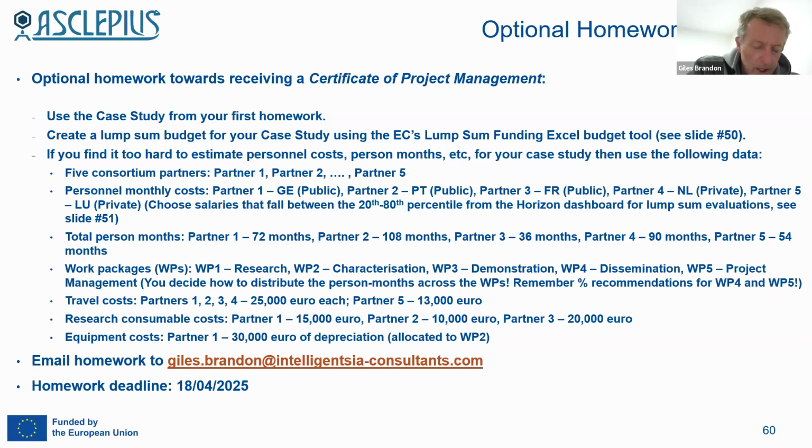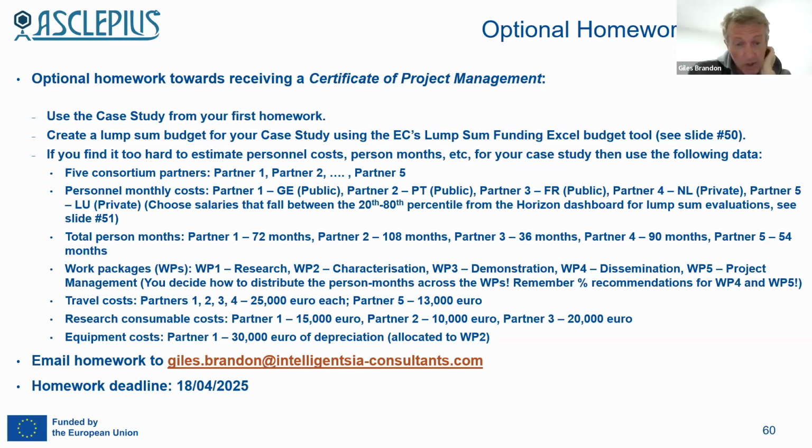Failing that, if you don't have a particular case study in mind, here's the sort of case study that I would suggest you use to practice using this Excel budget tool. So imagine that you've got a consortium with 5 partners, partner 1, partner 2. Go away and investigate personnel monthly costs for all those different partners.